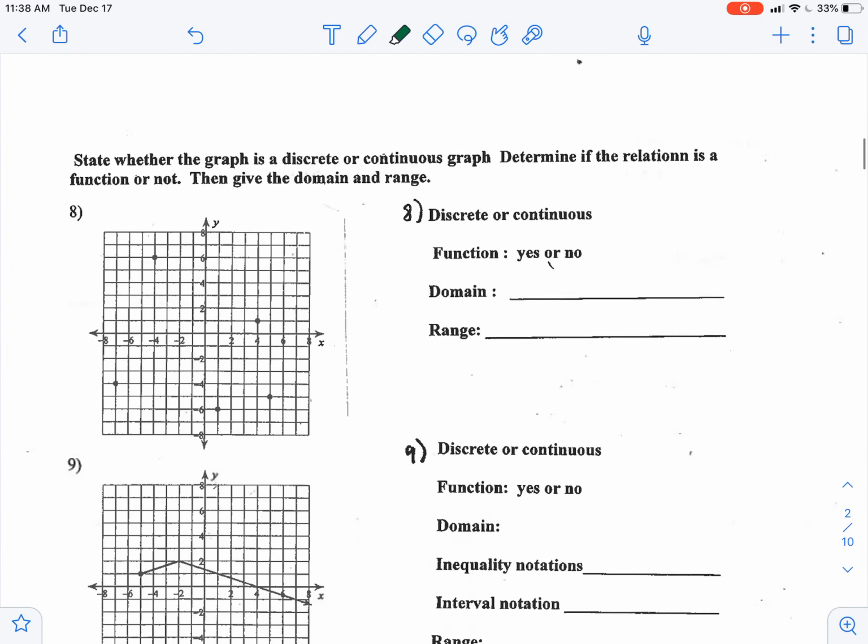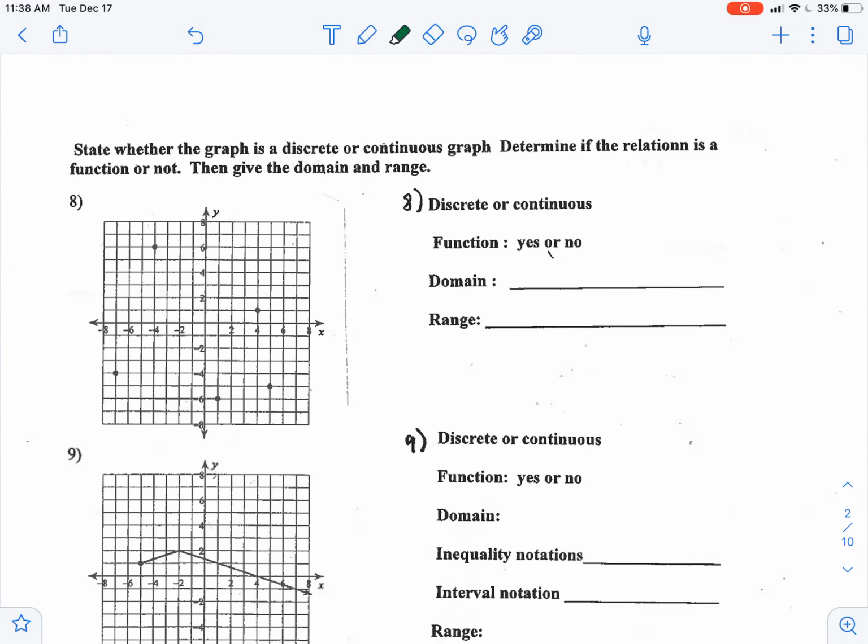Number 8, this asks you for several different things. So the first thing is, you need to determine whether your graph is continuous or discrete. So you just need to come over here and circle one of those, whichever one it is. Think about what the definition of discrete is and the definition of continuous.